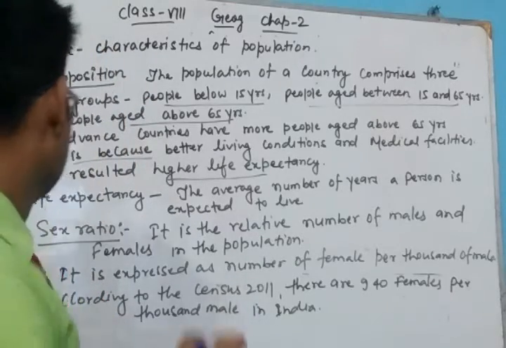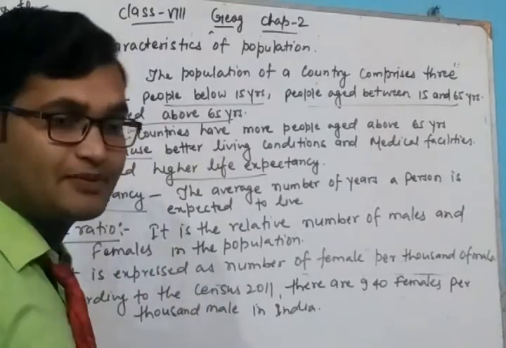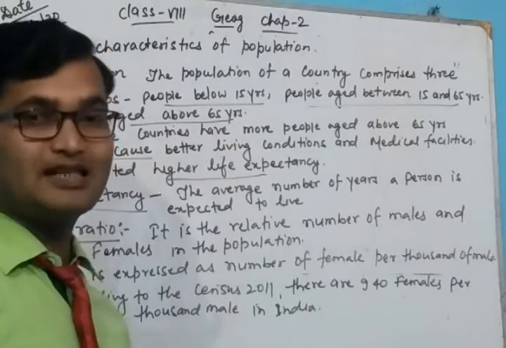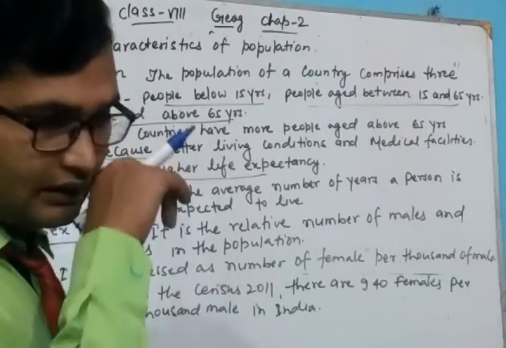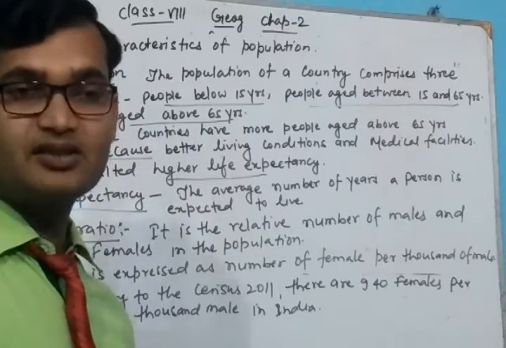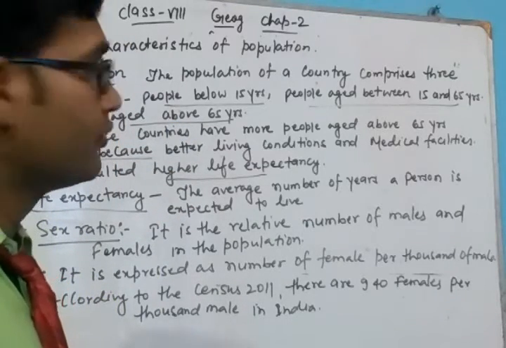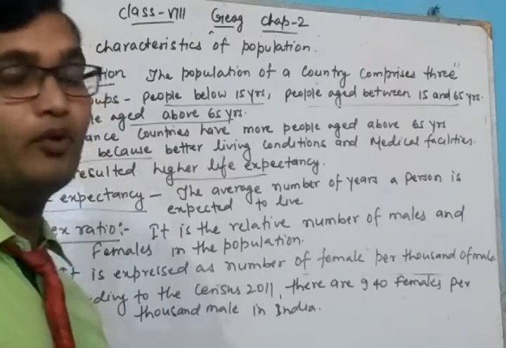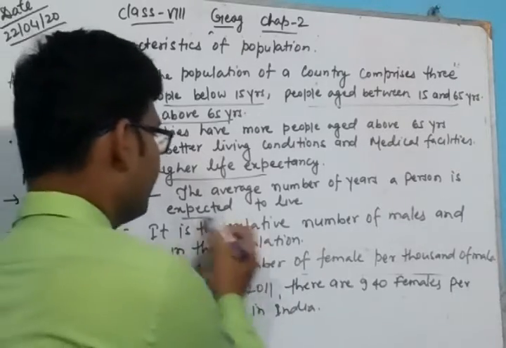But there is a new word, that is life expectancy. What is life expectancy? Actually, life expectancy is the average number of years a person is expected to live.